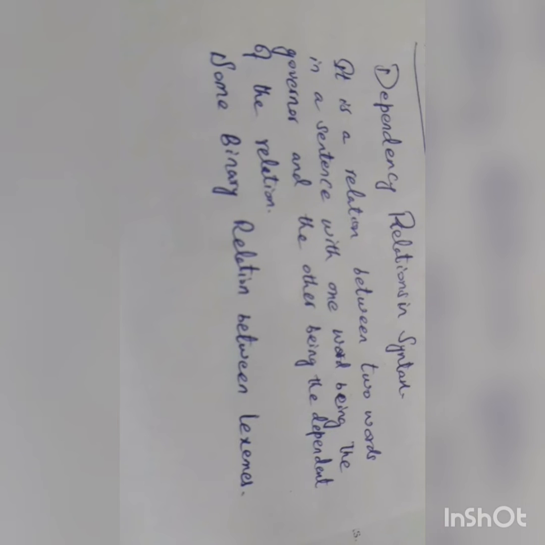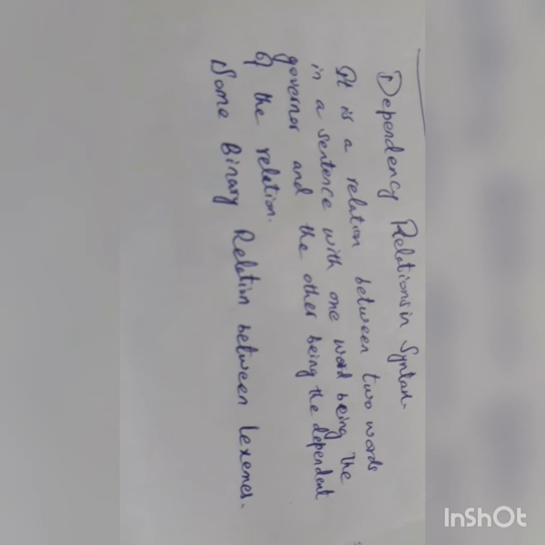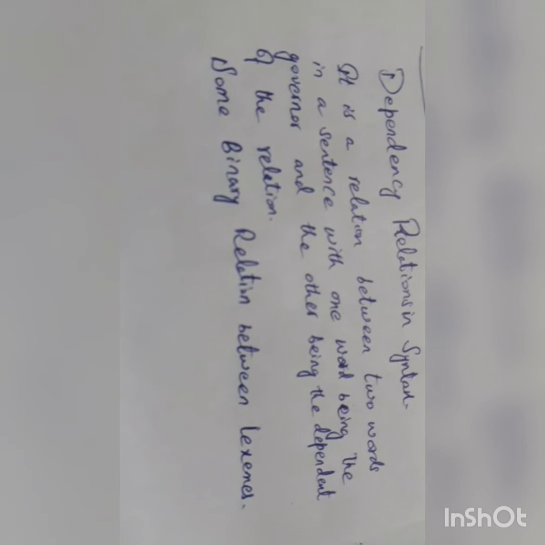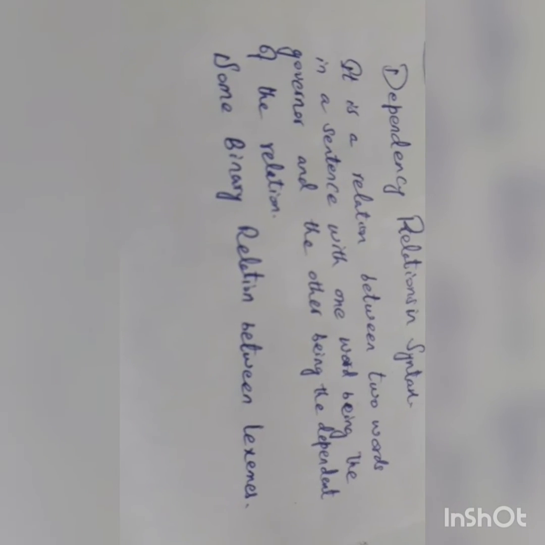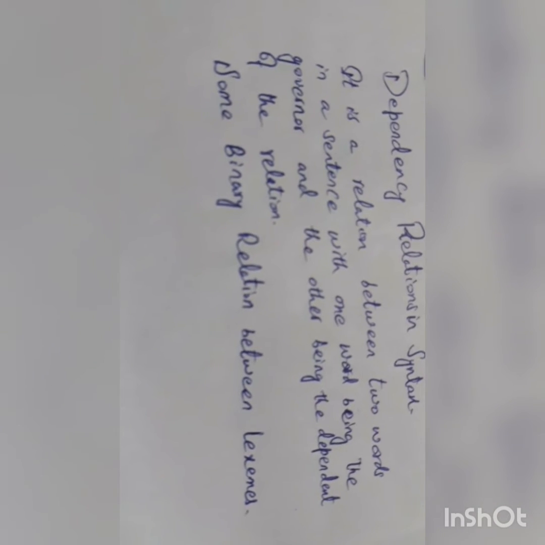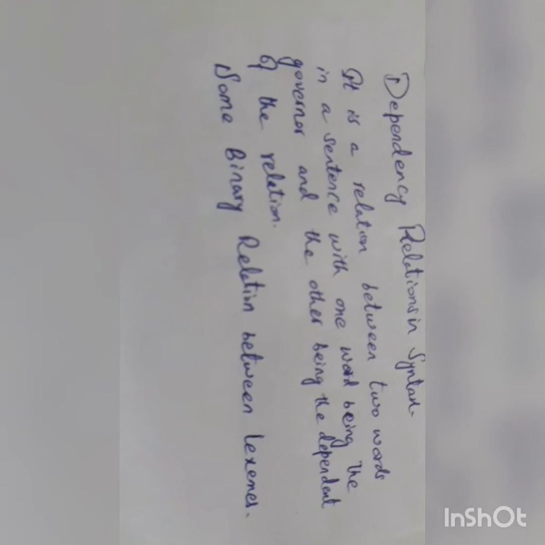Okay, the dependency relations in syntax. While we are studying sentences or phrases, the different parts of speech have some relation with each other. Okay, it is a relation between two words in a sentence, with one word being the governor and the other being the dependent of the relation.